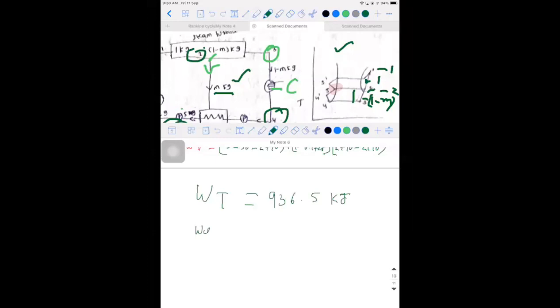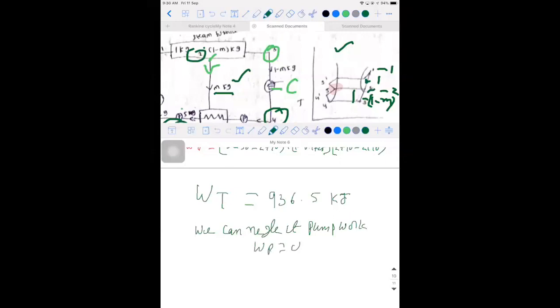Then WP is equal to 0, and then WT in itself is equal to W net. This is what I get.